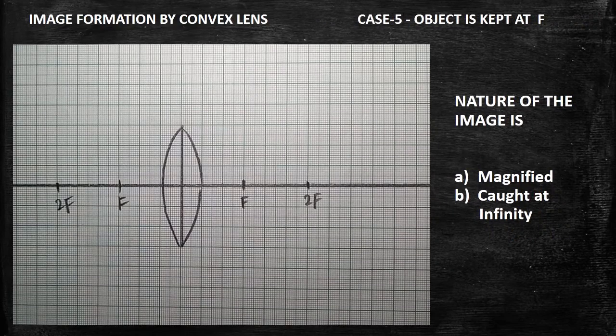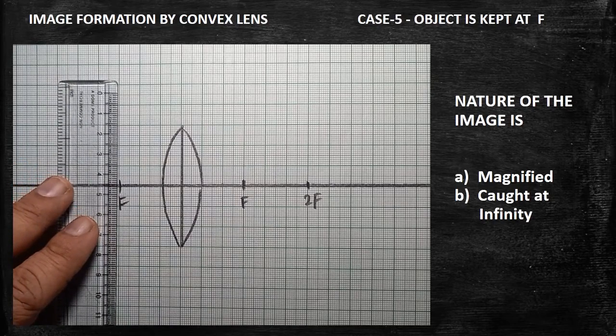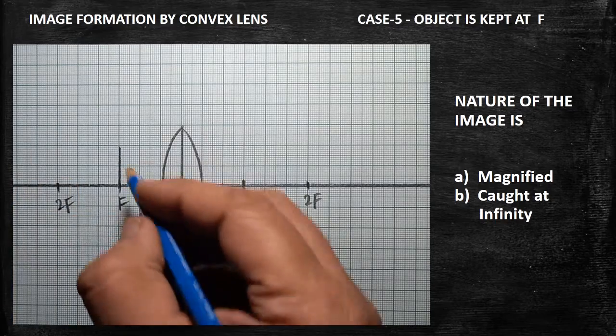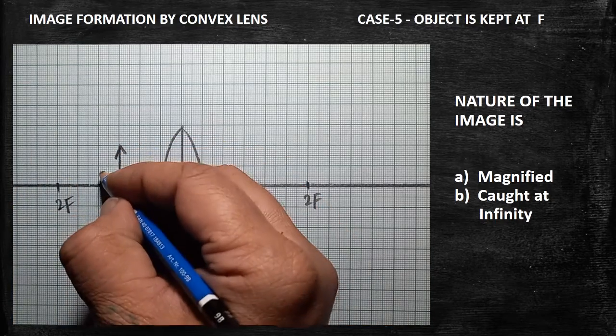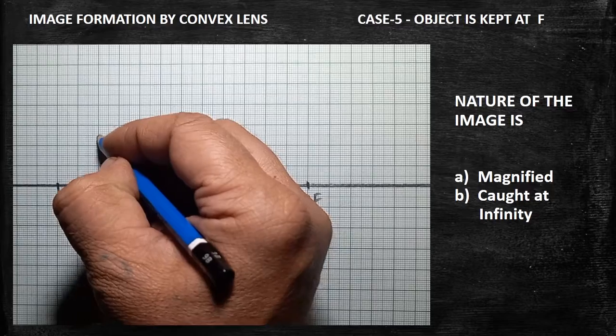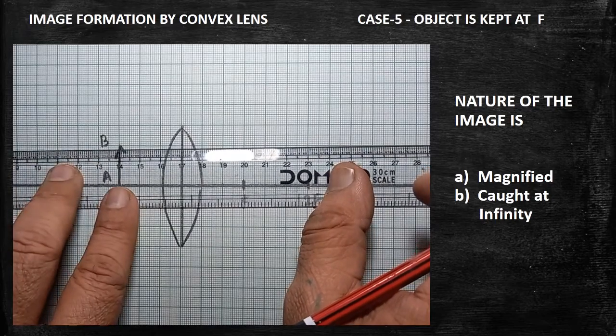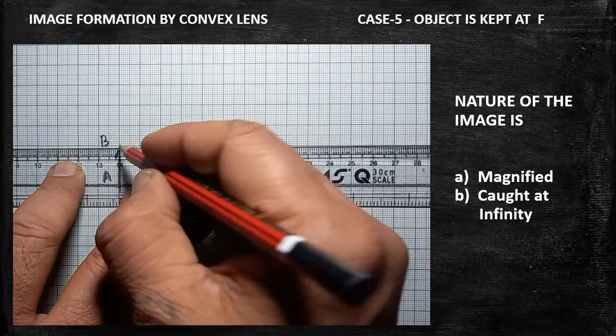Now we are going to learn how to draw the ray diagram for the fifth case. Here in this case, the object, that is the candle, is to be placed exactly at F. And it is named as AB. As usual, we have to draw the ray diagram. The rays are drawn from the head of the object.